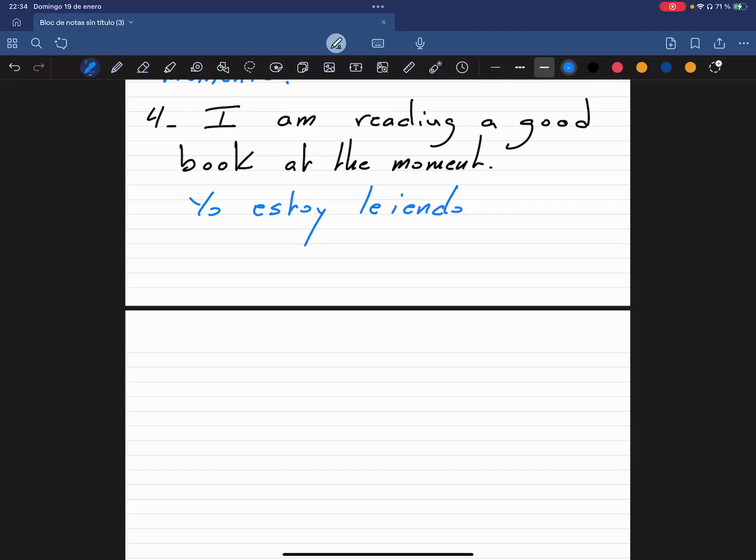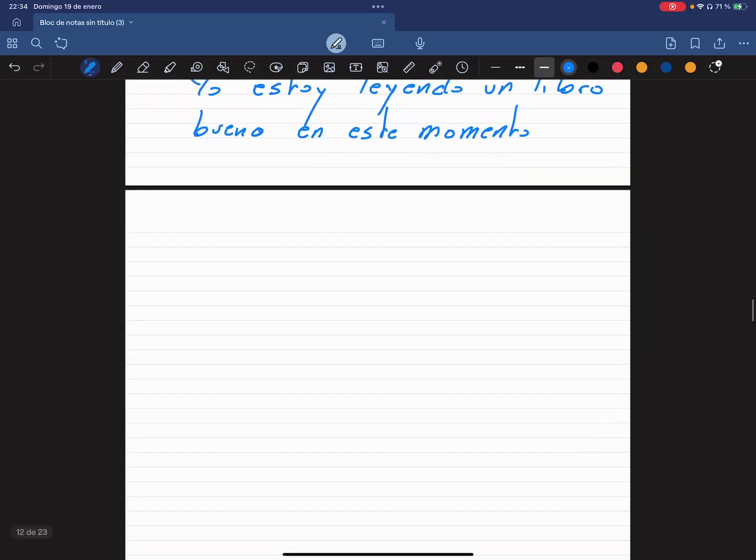Again, this verb is slightly strange because this I becomes a Y, but that doesn't affect the sound at all. Yo estoy leyendo, I'm reading a good book, un libro bueno at the moment. Do you remember how to say at the moment? En este momento. So yo estoy leyendo un libro bueno en este momento.